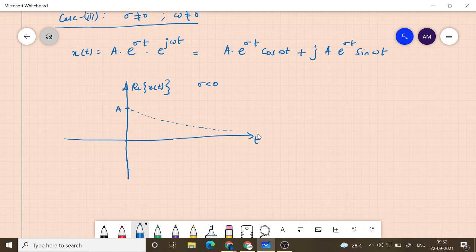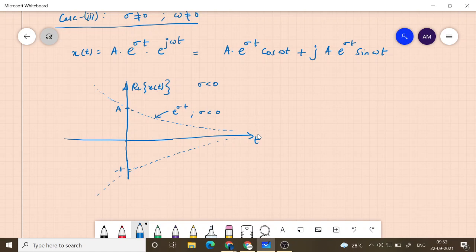This is minus a, it will also decay like this. What I am showing here is e raised to sigma t, where sigma is less than 0, and to this side it will exponentially rise.